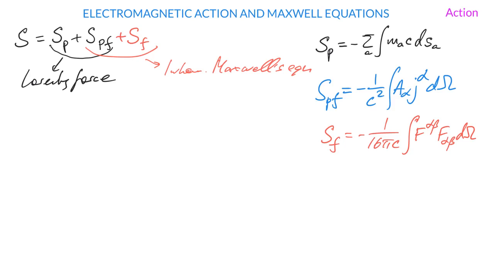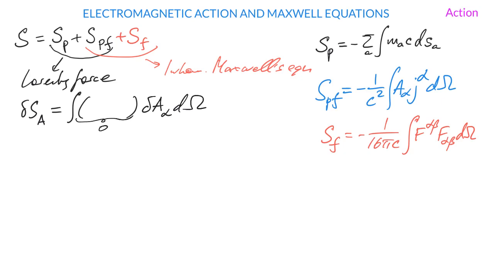We need to find the variation delta S, let's call it delta S sub A, meaning we only find the part that comes from varying the coordinates of the electromagnetic field, in other words, the four-potential distributed over spacetime. So the integral has to be represented in the form of something multiplied by delta A sub alpha and integrated over the four-volume. Once we are able to express the variation in this way, whatever's in the bracket will have to vanish, and that will give us Maxwell's equations.